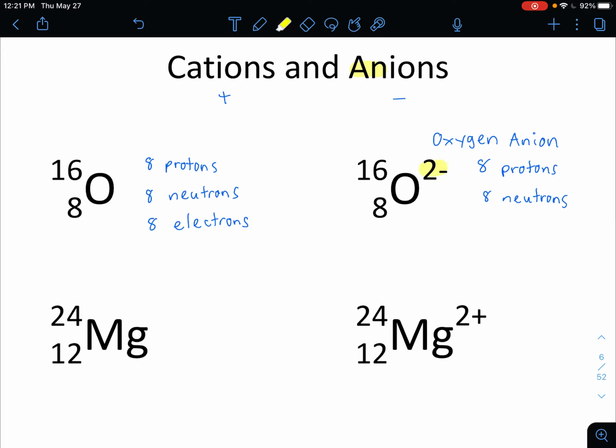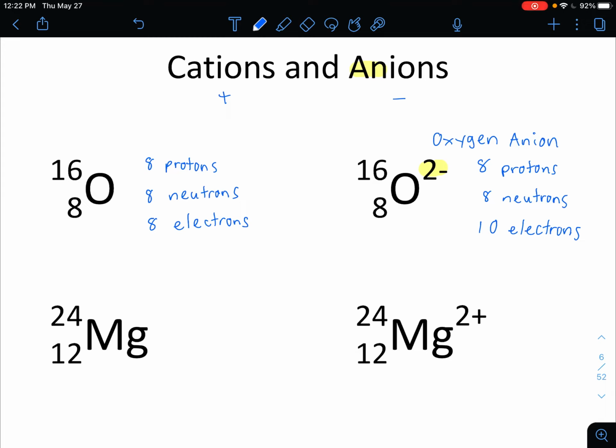So that means that there are 2 more electrons than protons. Well, we already know that there are 8 protons, so that means there have to be 10 electrons. So if there is a charge, it'll be indicated in the upper right corner, and it'll be written in this way, 2 minus or 2 plus, whatever it may be.